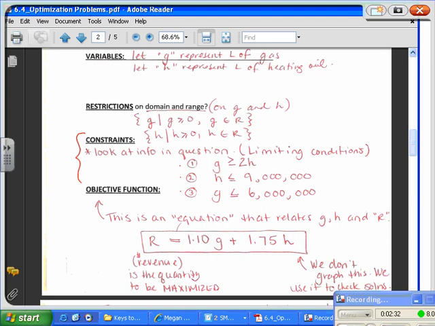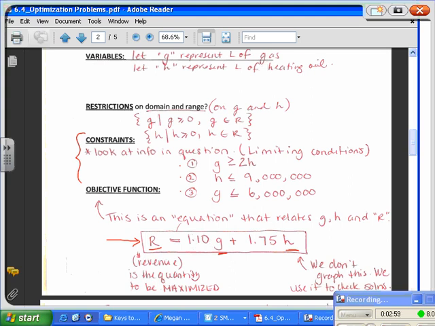Then we had this objective function that we came up with, and the objective function relates the quantity that we want to maximize or minimize. In this example, we wanted to maximize revenue. So we had an equation that relates that quantity, revenue, to the other 2 variables, G for liters of gas and H for liters of heating oil.